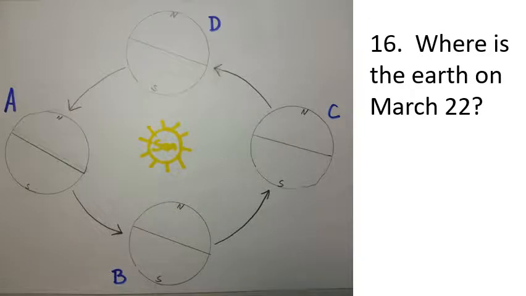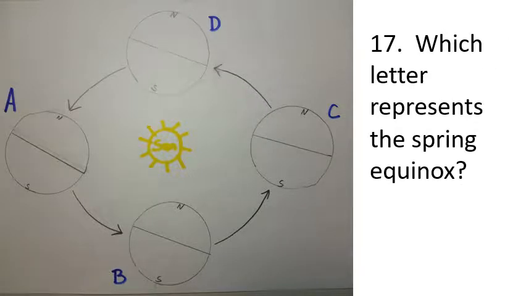Where's the Earth on March 22nd? Well, what season do you associate with March 22nd? That would be spring. So the Earth is over here at letter D on March 22nd. Which letter represents the spring equinox?